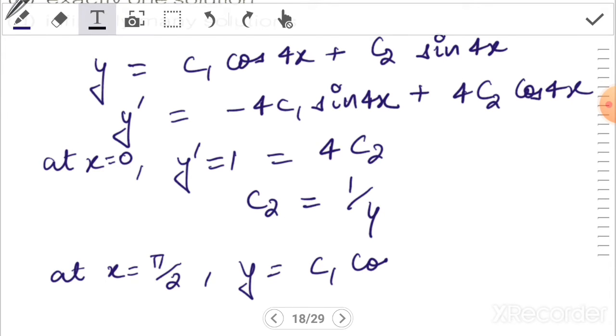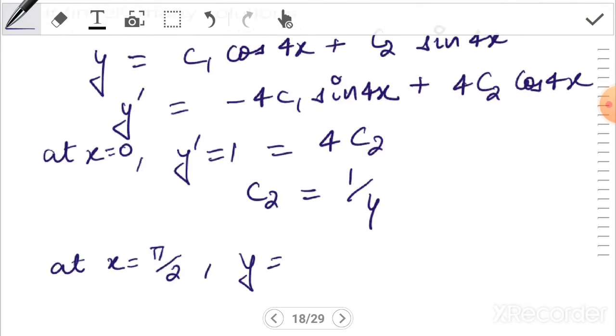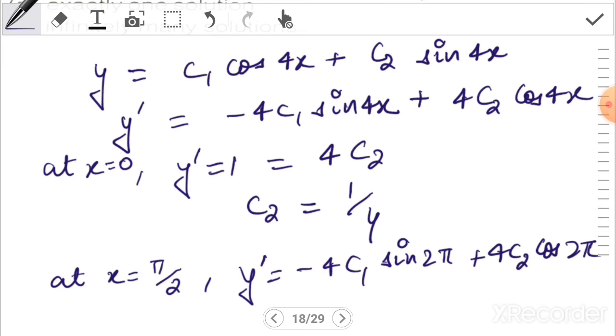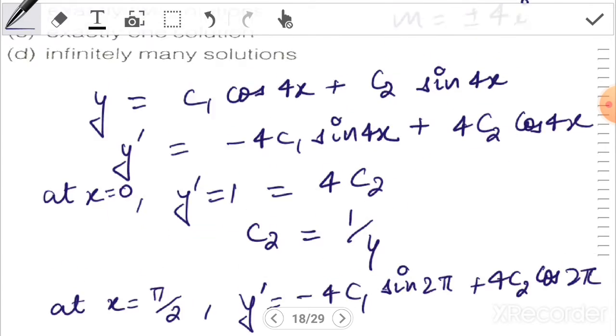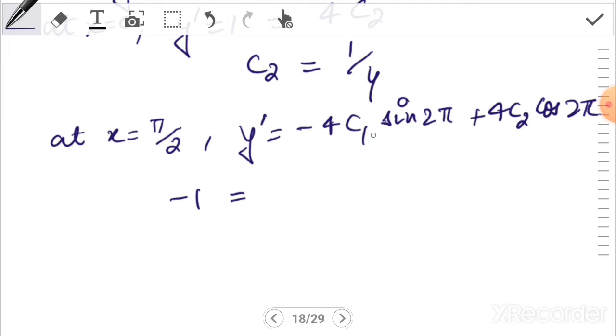So y' = -4c1 sin 2π + 4c2 cos 2π, and this is equal to -1 at x = π/2. So -1 = 0 + 4c2 cos 2π, since sin 2π is 0 and cos 2π is 1, so 4c2. So we have c2 = -1/4.